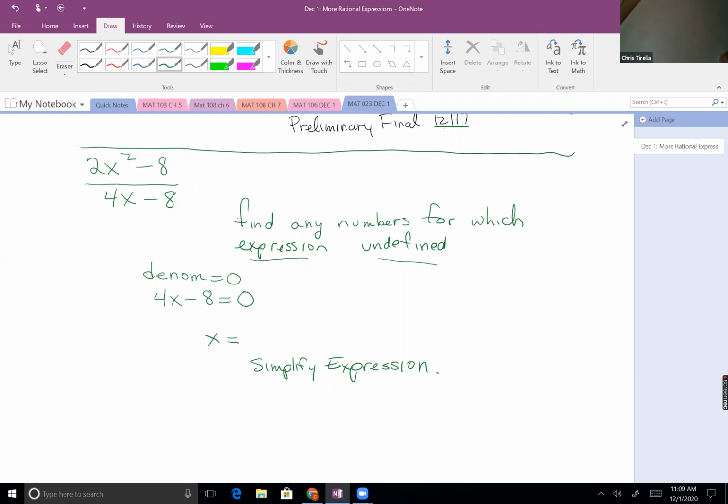Anybody have an answer? Is anybody getting that it's undefined when x equals 2? Everybody okay?